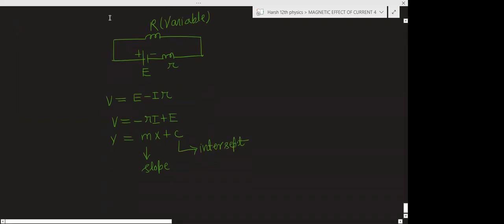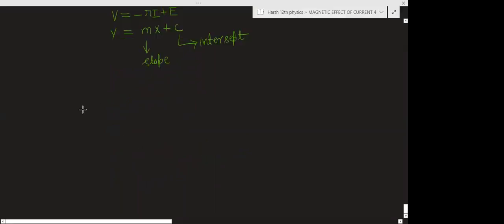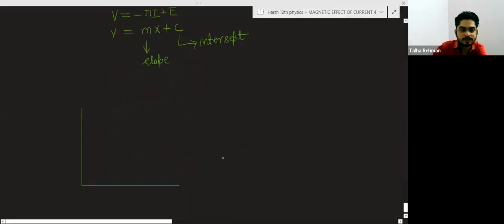So you can draw the graph between the voltage and the current.